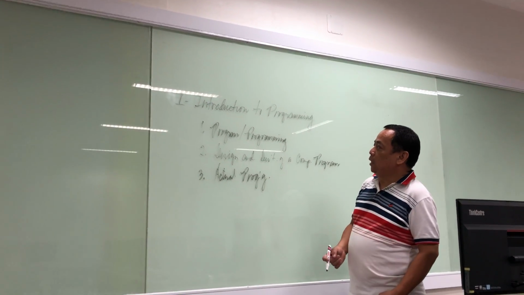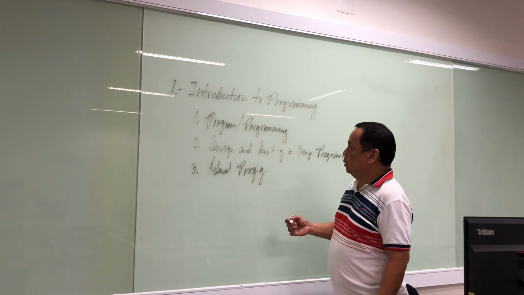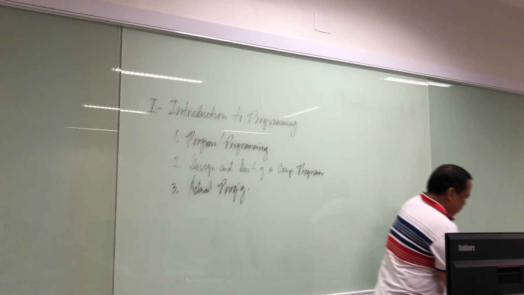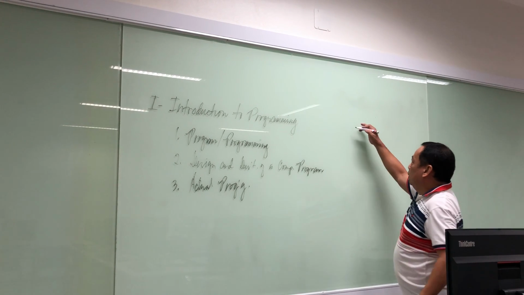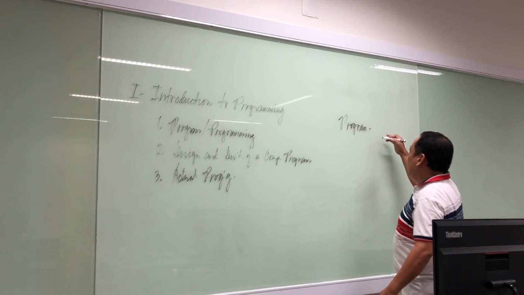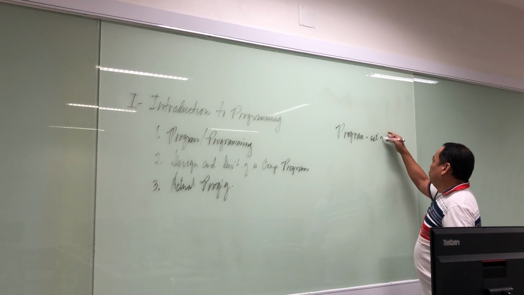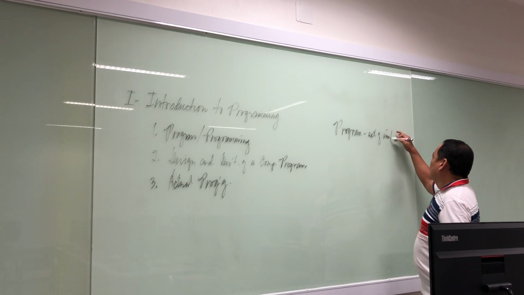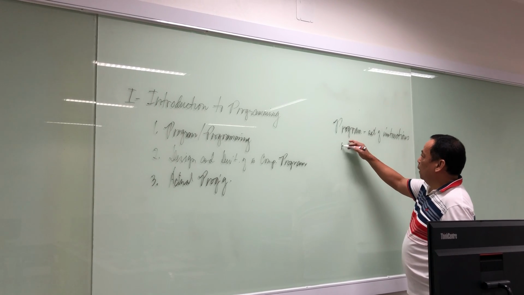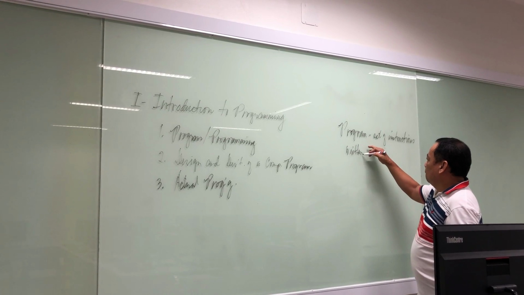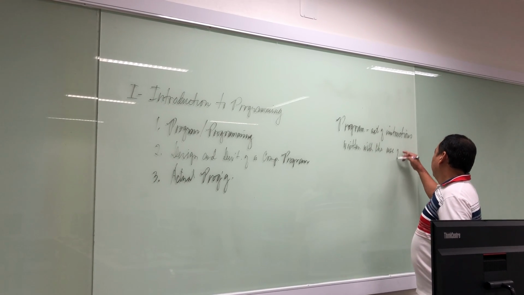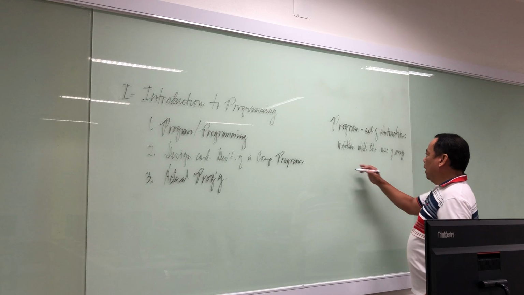So let me start by defining what a program is all about. We say a program is simply a set of instructions written with the use of any programming language.